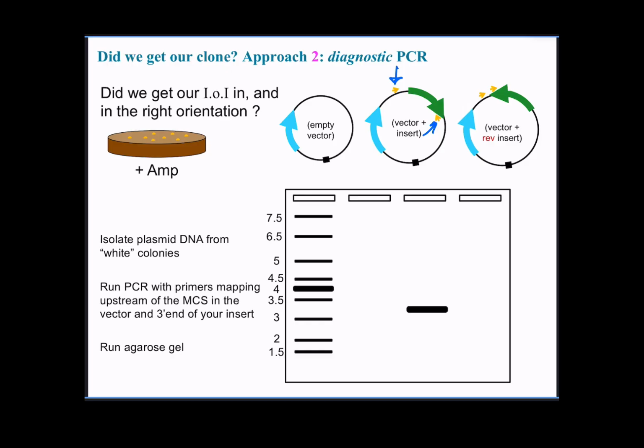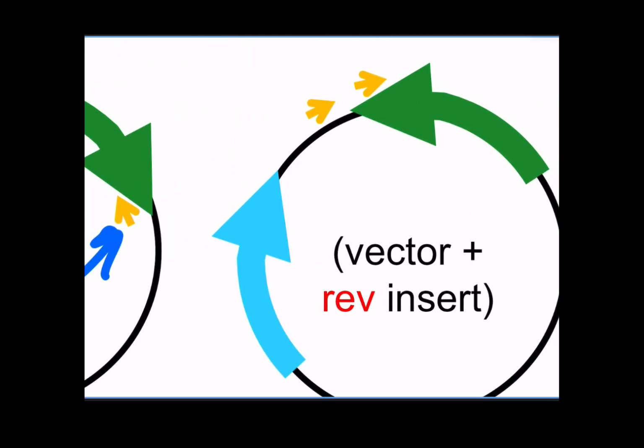Because you've fixed the position of the forward, and then the reverse will be facing the forward only if the insert went in the right orientation. If the insert went in the wrong orientation, now what used to be a reverse looking back is looking in the same direction as the forward. And when both primers look in the same direction, PCR won't work. PCR works only when the primers face one another.